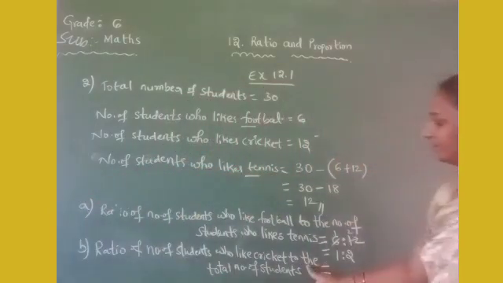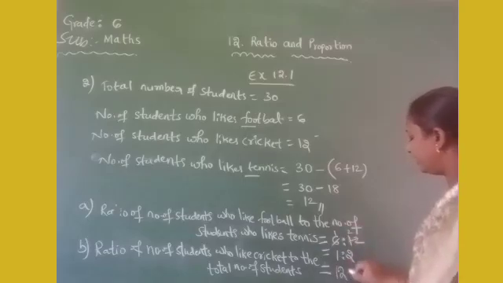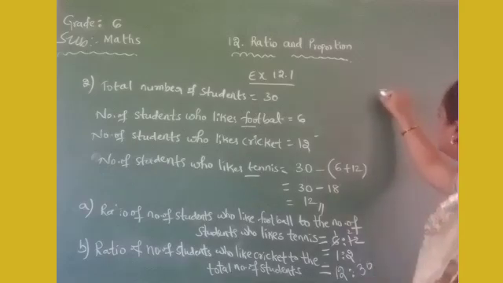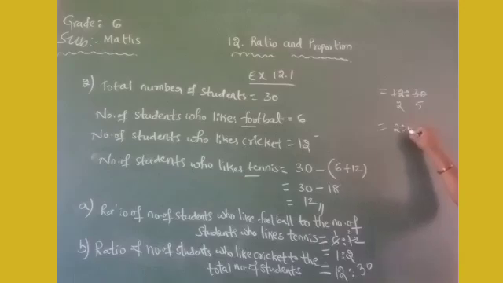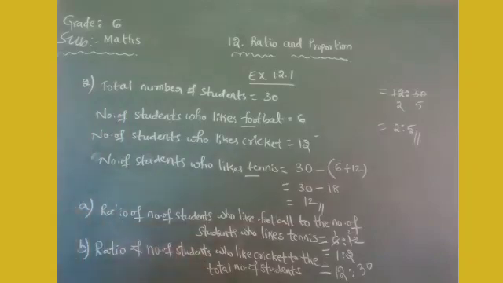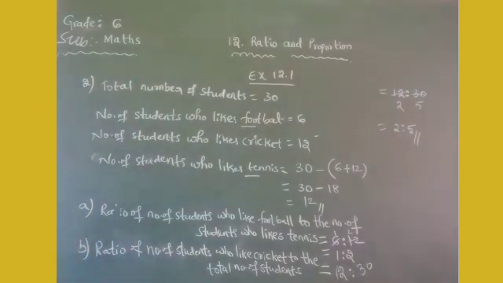Okay, so how many students like cricket? 12 is to the total number of students, 30. So what is the simplest form? 12 is to 30, you can simplify. 6 twos, 6 fives. This is the ratio of the number of students who like cricket to the total number of students. Is it clear, children? Copy this.